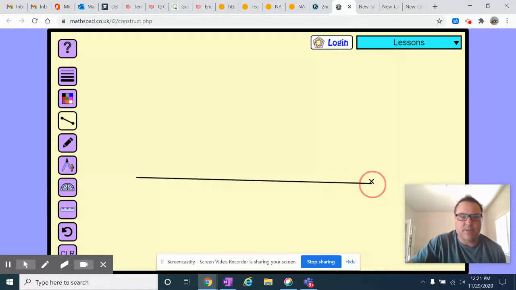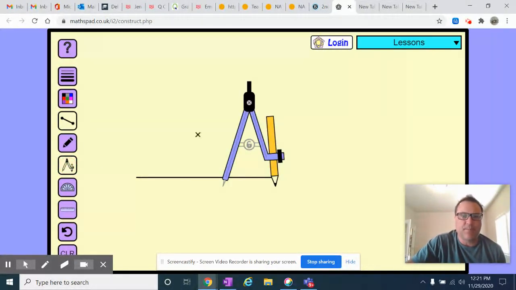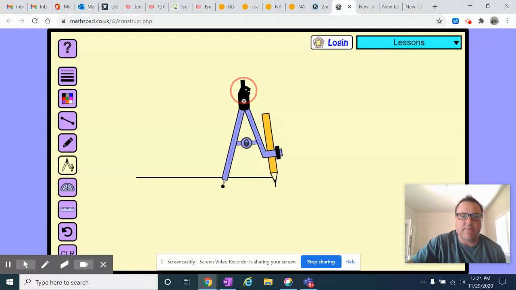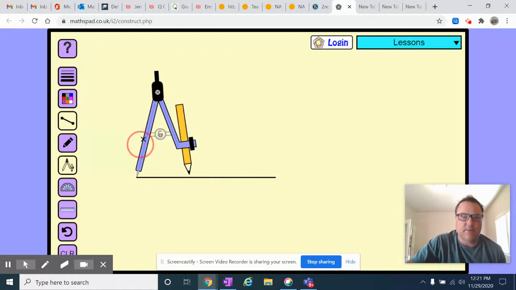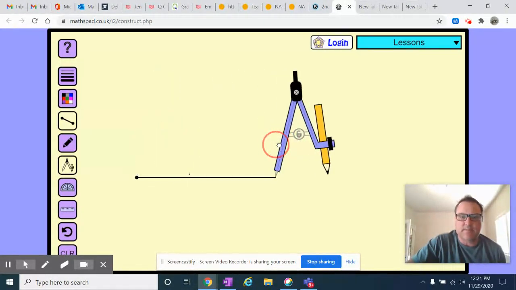Okay, so here's my segment. And I'm not going to make it too long, because if I make it too long, I might not be able to fit it in this picture here. So we'll call this segment AB. Okay, keep it pretty simple. I'll even put some points on it. Even though we don't really need those dots, sometimes it's nice to have them.